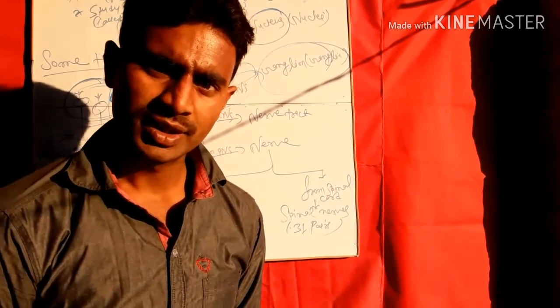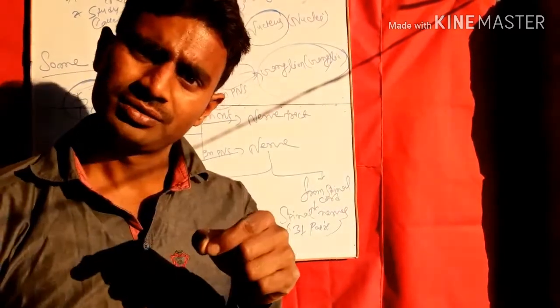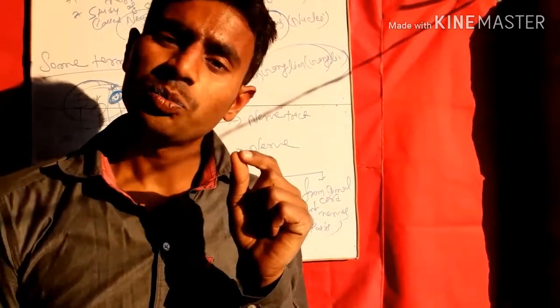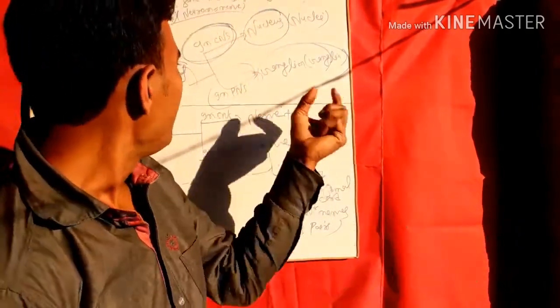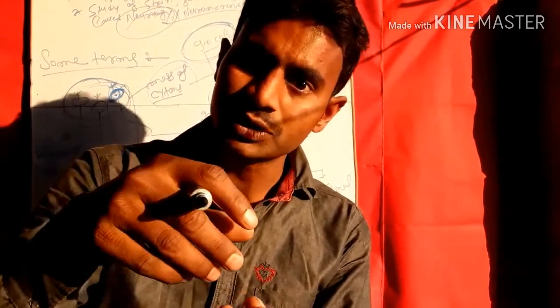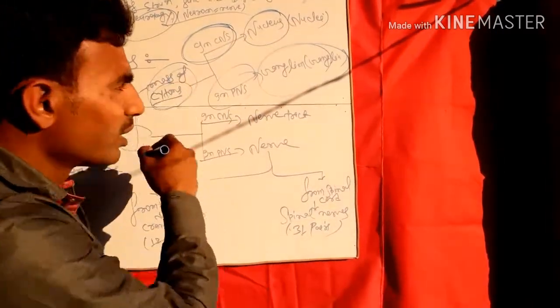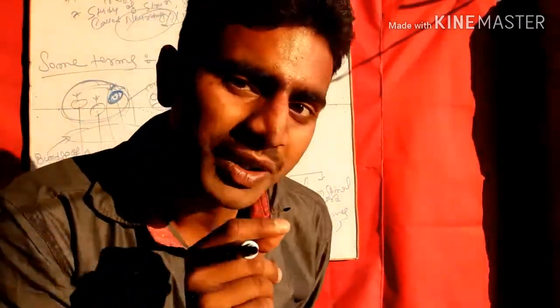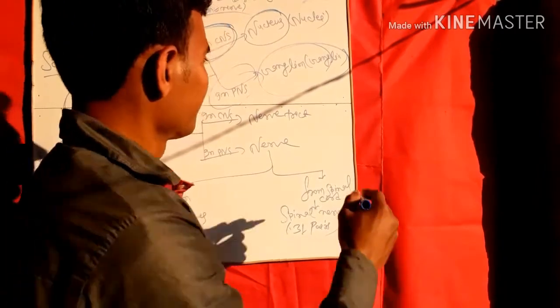In the cell body, in the cyton, nucleus is present in the central nervous system. In the peripheral nervous system, in the cytons, nucleus is not present, ganglia is present.